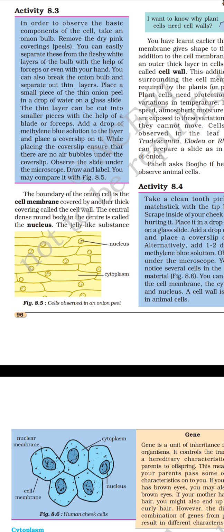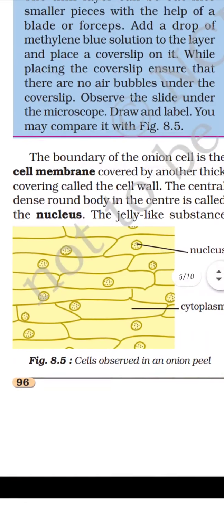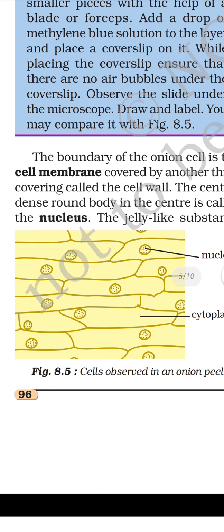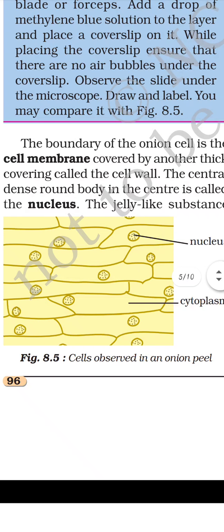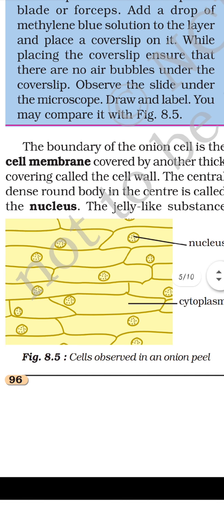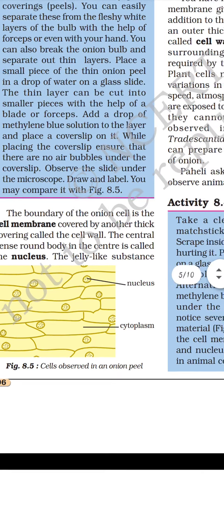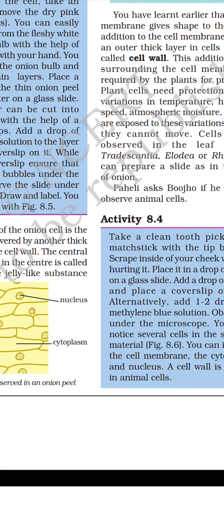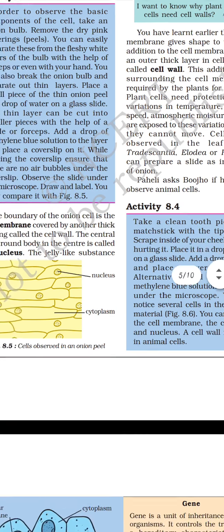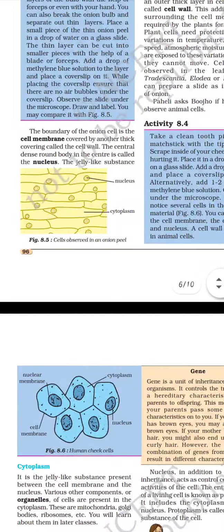But in each cell we can see a round shape, and this round shape in the center of the cell is said to be the nucleus. And inside the cell wall and outside the nucleus there is a jelly-like substance which is said to be the cytoplasm.